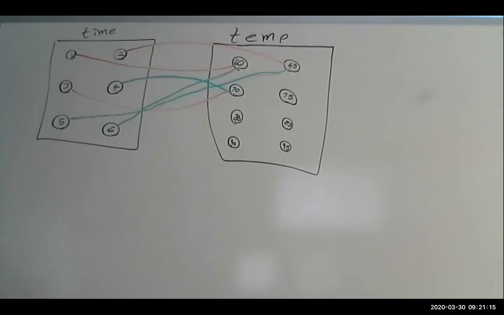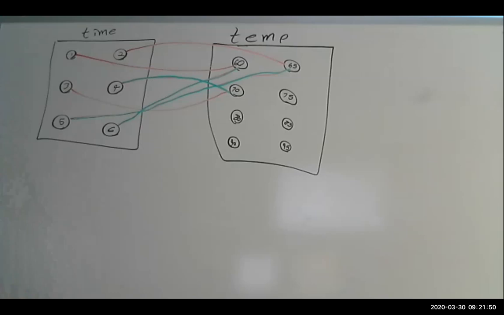But you can't have one input go to two different outputs. Okay? So that's an important little distinction that we'll come up with an example for when we start talking about lines and figures in a little bit. But this is the idea. This is kind of how functions work.